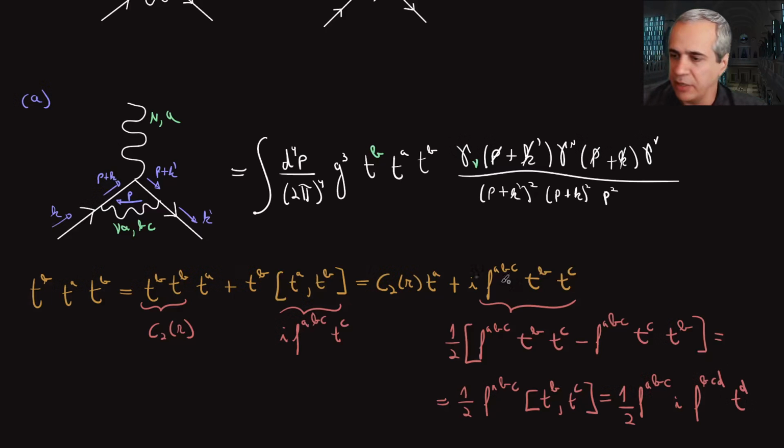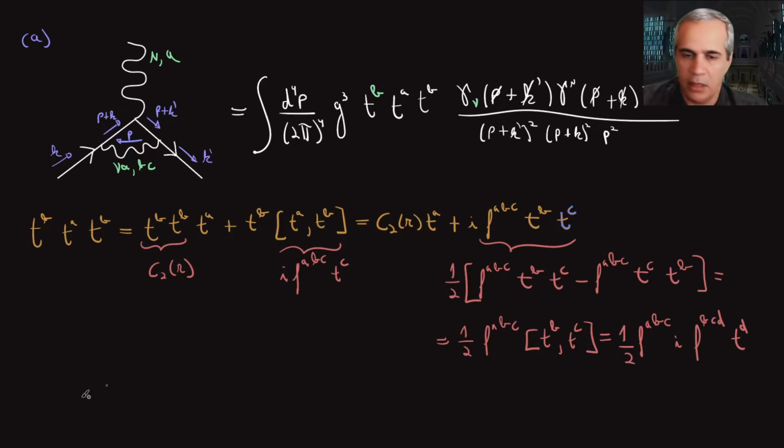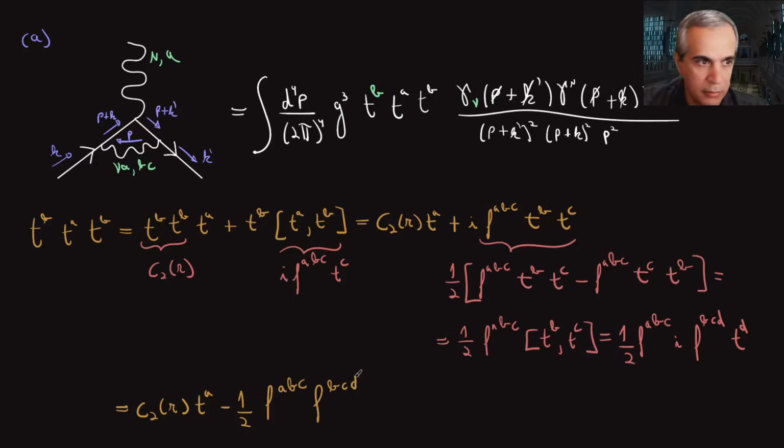Right? Now I can use this here and continue my calculation. So I have C2(R) TA minus, there's an i here, an i there, that's where this minus comes from, minus 1/2 f^{ABC} f^{BCD} TD, right?